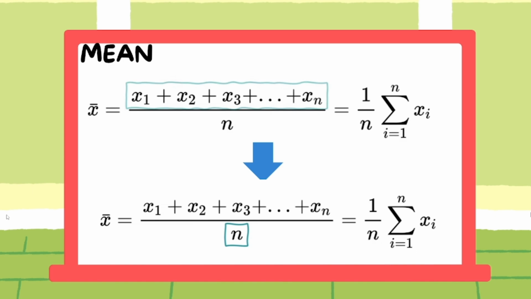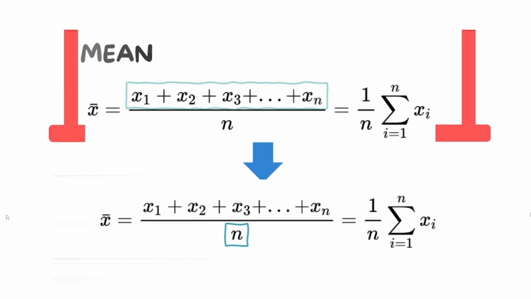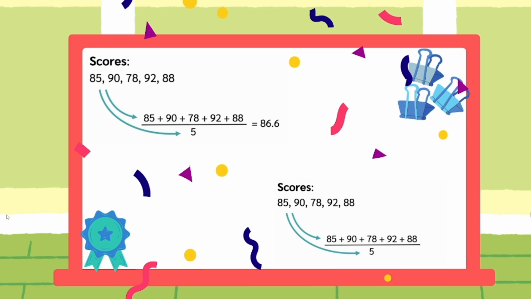The arithmetic mean is the sum of all observations divided by the number of observations. So here is the example.